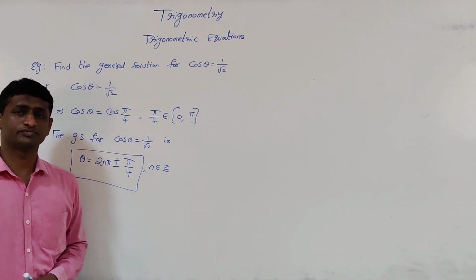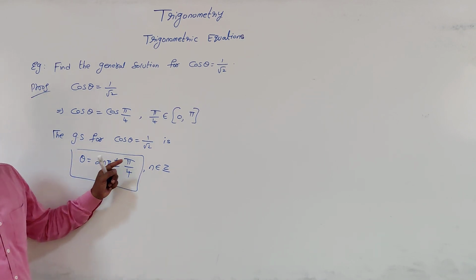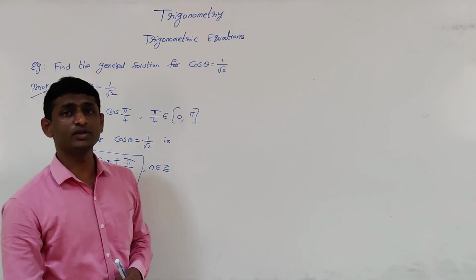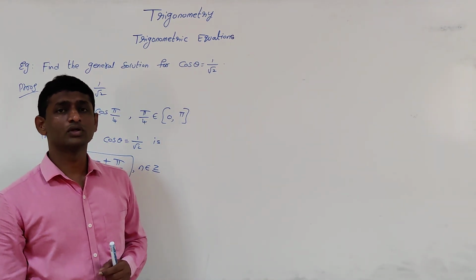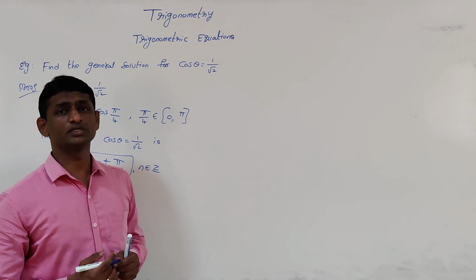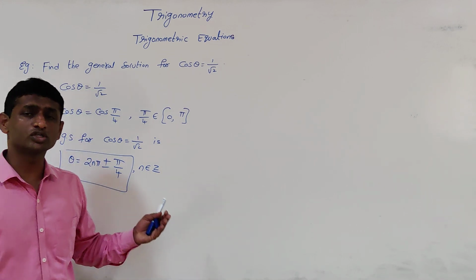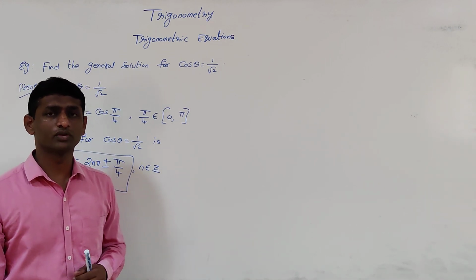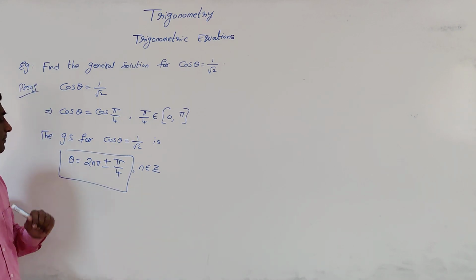If you consider 0 plus or minus pi by 4, cos pi by 4 is 1 by root 2. Cos of minus pi by 4 means it rotates in the clockwise direction. So cos of minus pi by 4 is the same as cos pi by 4, that is 1 by root 2.